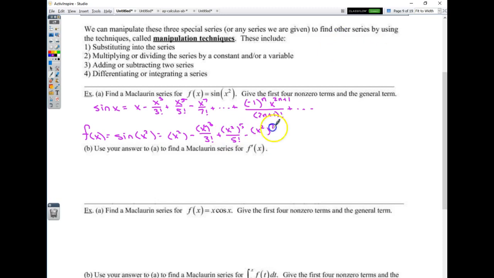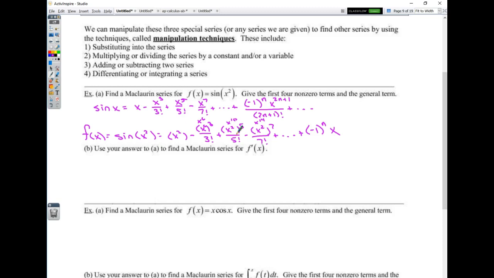By turning all of the x's into x squareds, by substituting out that value, I can create a new series off of the old one, where we would have a general term now of -1 to the n. I tell you what, I'm going to actually substitute in my x. So I actually will have x squared. This is actually x to the 6th. This is actually x to the 10th. This is actually x to the 14th. So I've got 2, 6, 10, 14.